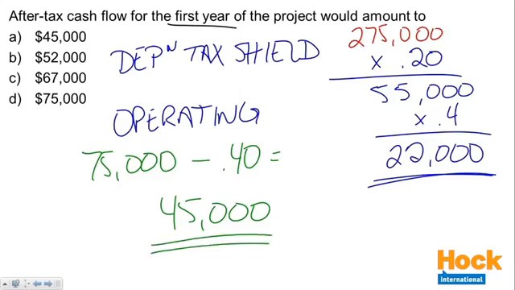So we have a $45,000 cash inflow from those operations, and a $22,000 cash inflow connected to the tax depreciation shield, and that takes us to a $67,000 after-tax cash flow for the first year of the project. Okay? Tax depreciation shield and that increase in the operating activities.